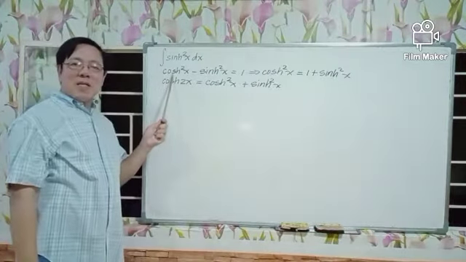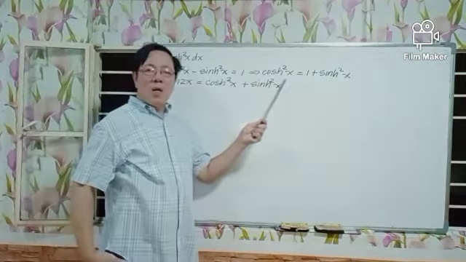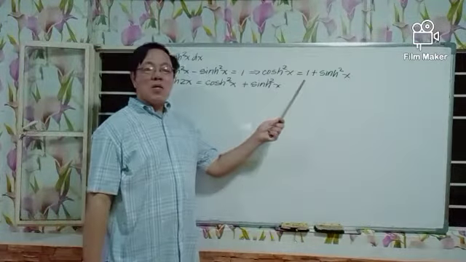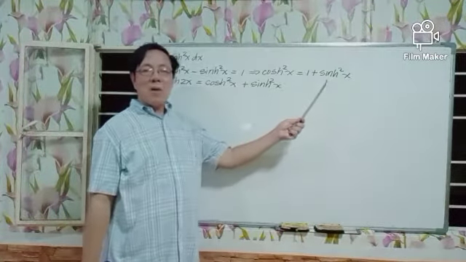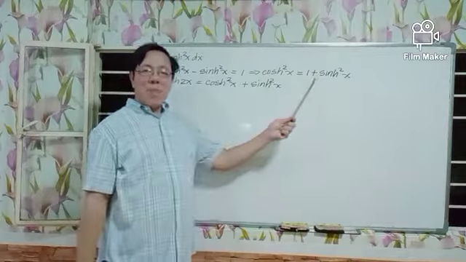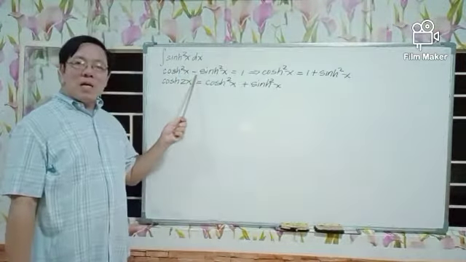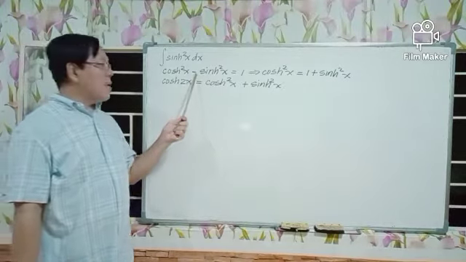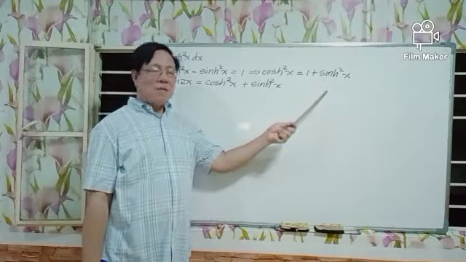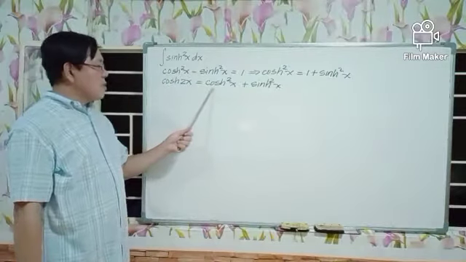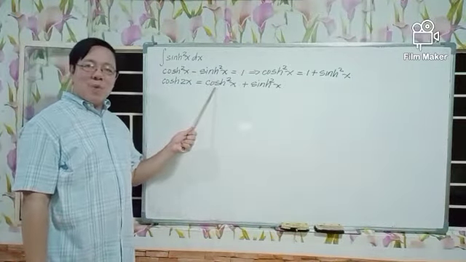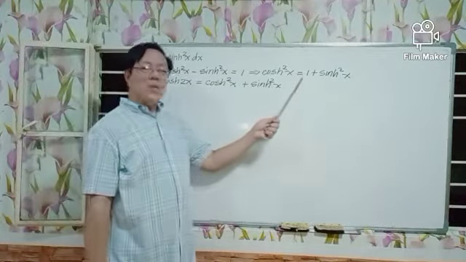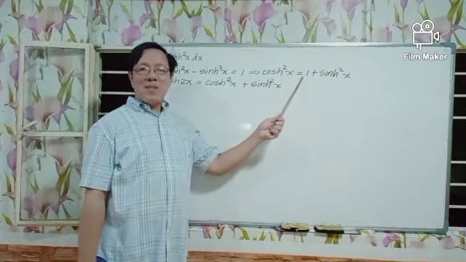Hence, from the first identity, the square of hyperbolic cosine of x is equal to 1 plus the square of hyperbolic sine of x. This is now positive because we transpose negative hyperbolic sine squared of x to the right hand side. And in this equation, we replace the square of hyperbolic cosine of x with 1 plus the square of hyperbolic sine of x.